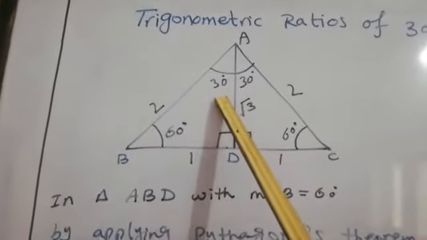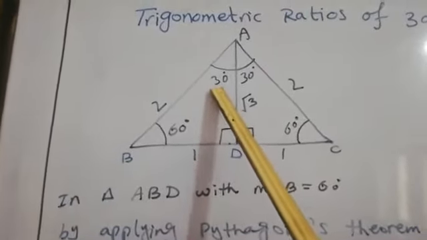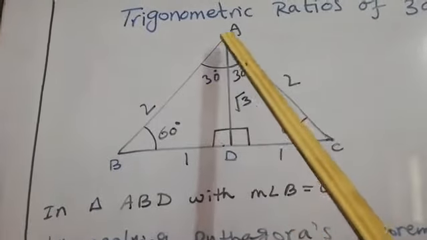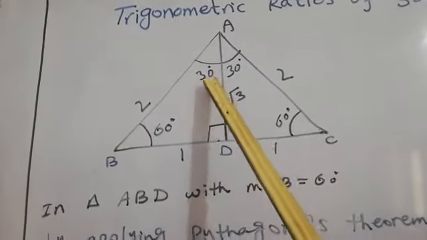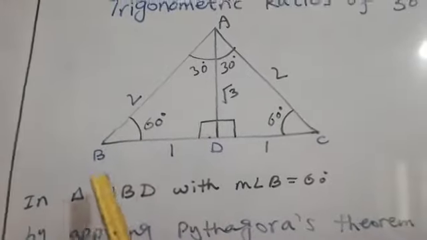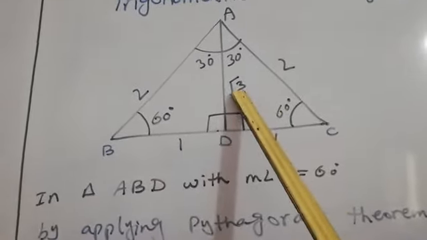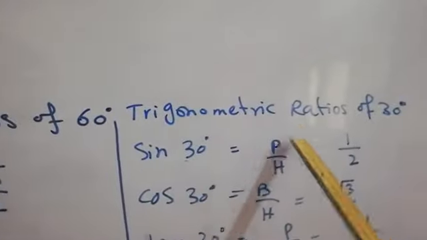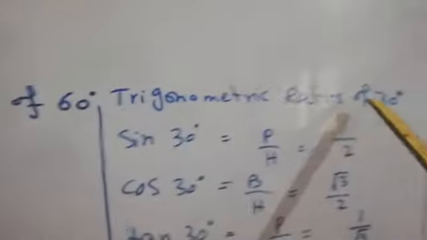Now we will move to sine 30. In this triangle, now we will discuss the angle 30. If we are going to discuss this, then this side becomes the base, and the side opposite to that angle is the perpendicular. So in this, the base is square root 3 and the perpendicular is 1. So sine 30 is perpendicular over hypotenuse, which is 1 by 2.